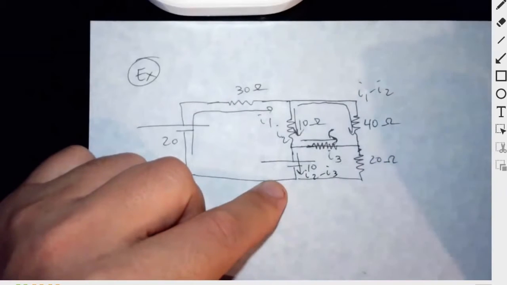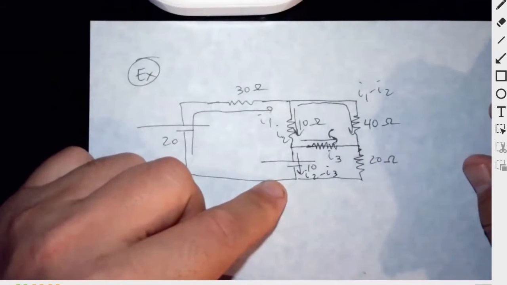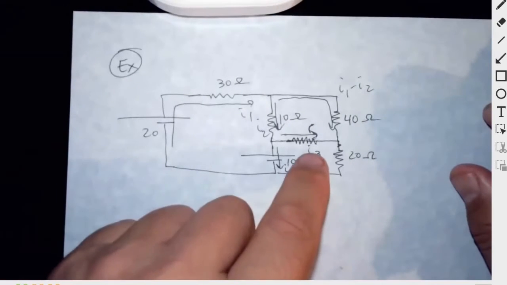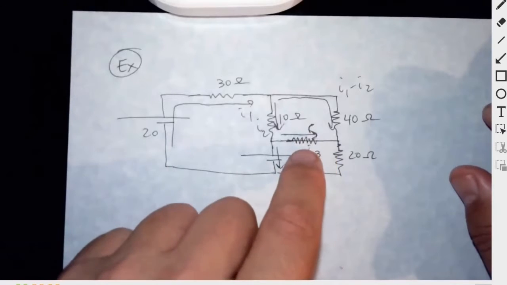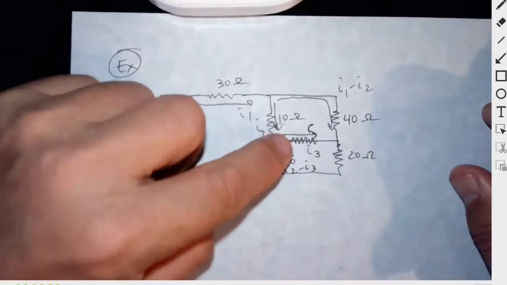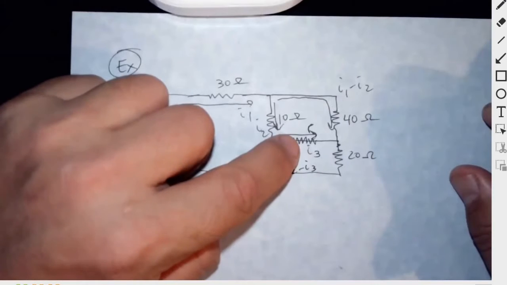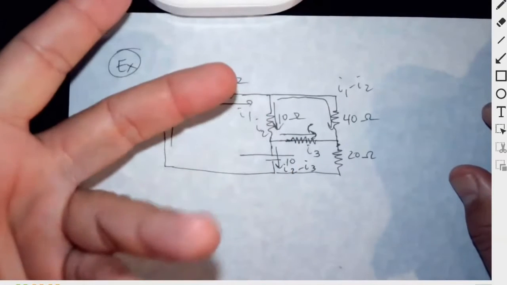Professor, quick question. If we're assuming that wire in the middle is just a wire, wouldn't the 10 ohm and 40 ohm resistors just be in parallel? Well, what I'm going to do is treat it as a general resistor, so we are able to handle whether that is a wire or an actual resistor.